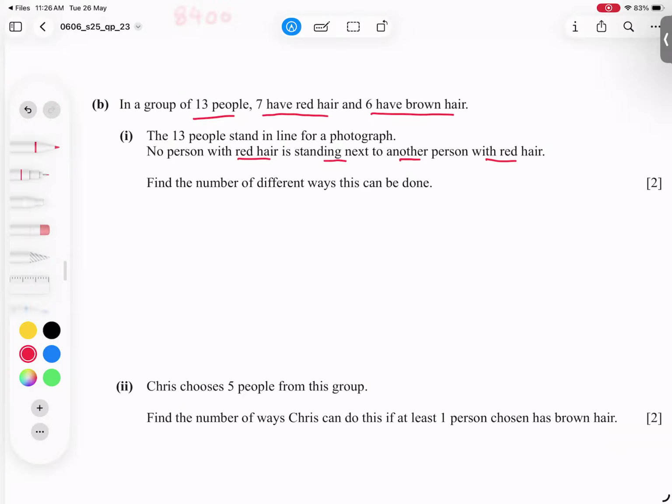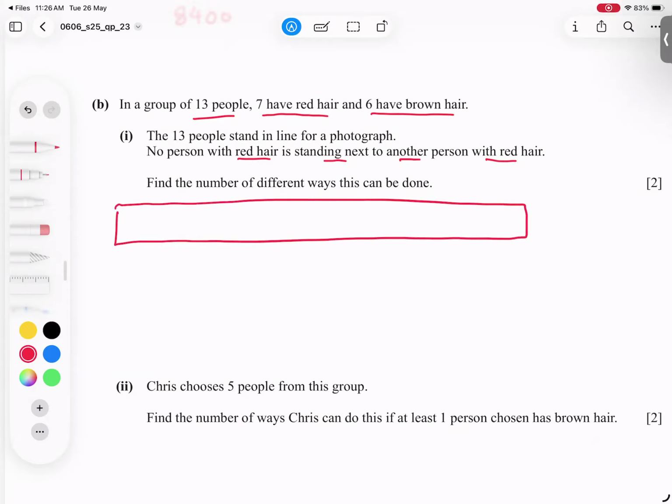So basically what he talks about, look, I'm showing the 13 boxes: 1, 2, 3, 4, 5, 6, 7, 8, 9, 10, 11, 12, 13.